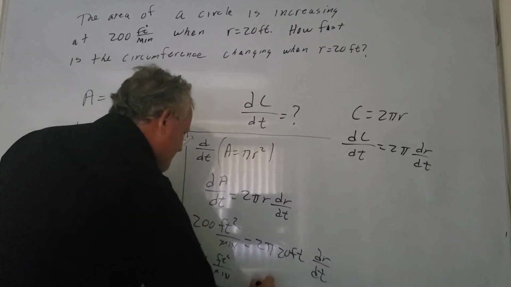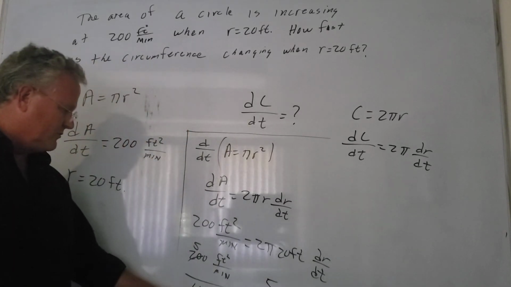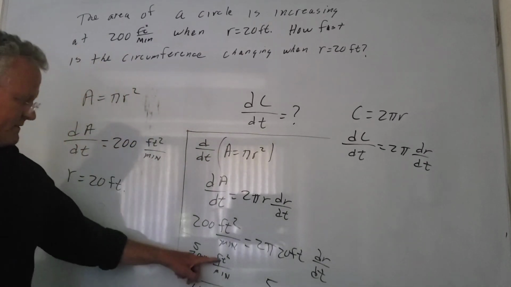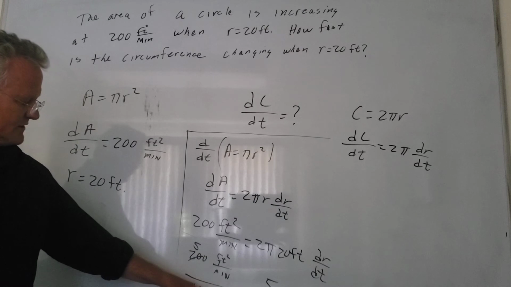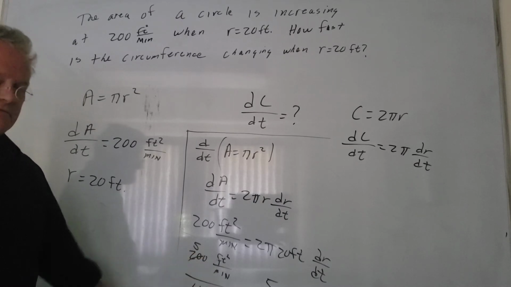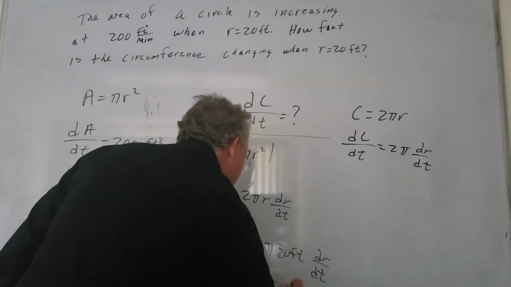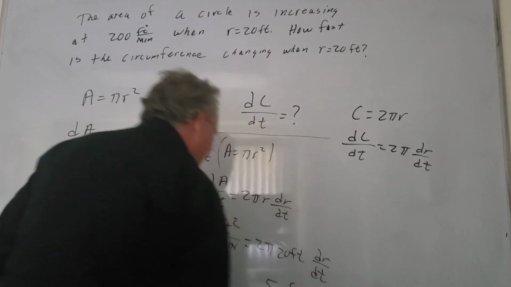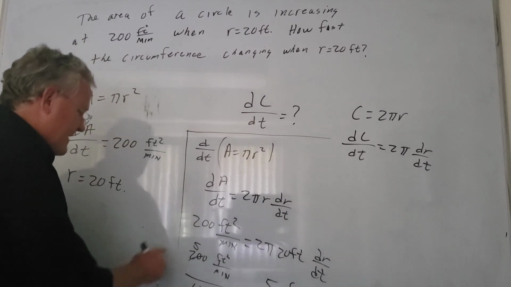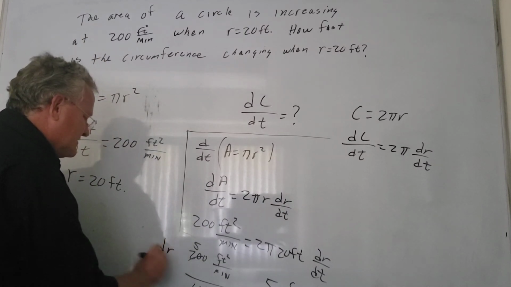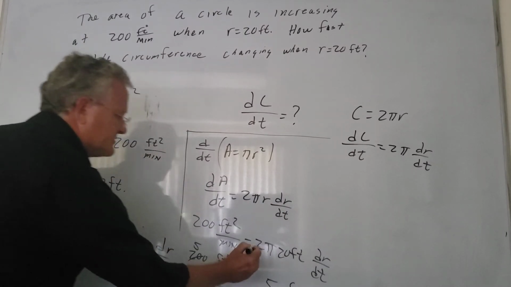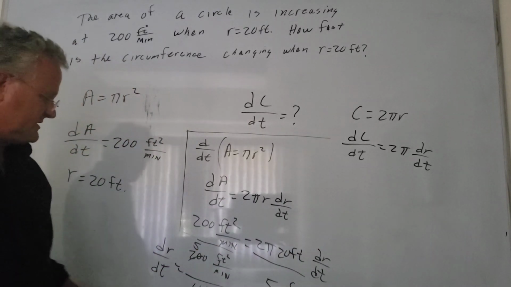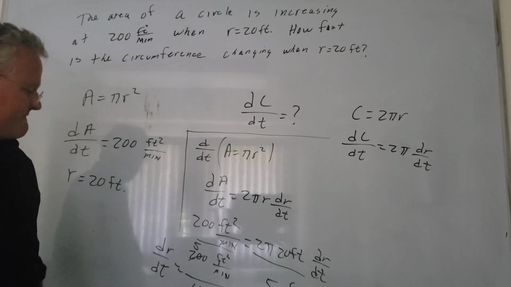So we're left with 5 over pi. Now notice the feet here: one of these feet cancels, and we're left with feet per minute. And I should say when I divided by that, what we found was dr/dt. We just divided both sides by that to get this. So dr/dt is 5 over pi feet per minute.